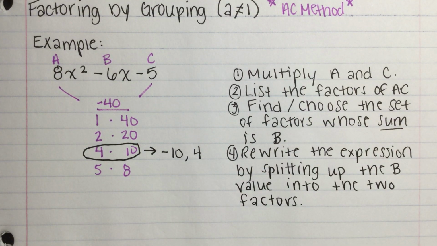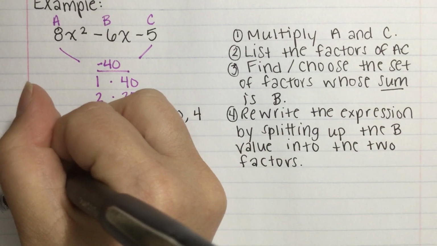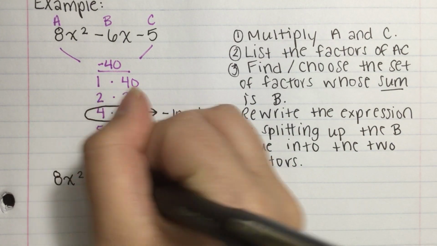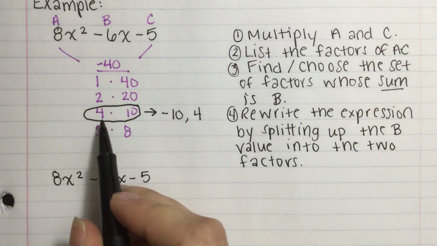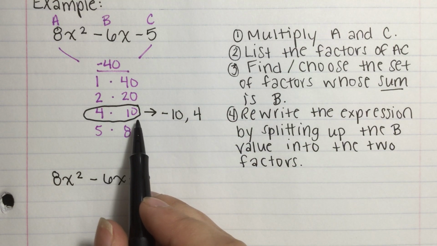Okay, so in order for us to see all of this, what I'm going to do is I'm going to actually start by rewriting my original expression. So 8x squared minus 6x minus 5, and we know that negative 6x can be split up into 4 and negative 10.